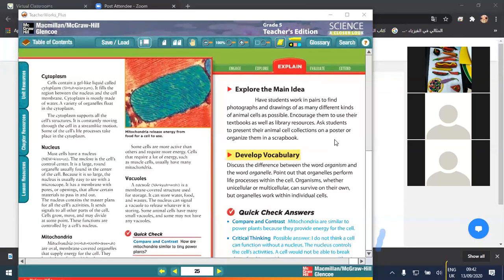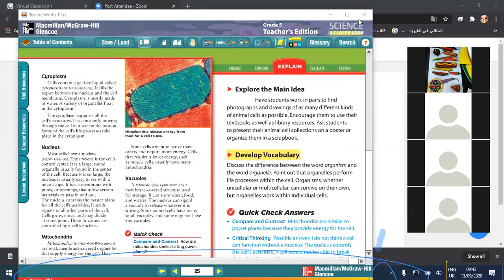I will repeat the question. Where are an animal cell's organelles found? I will give you choices: vacuoles, cytoplasm, cell, tissue. Cytoplasm, excellent. Yes, cytoplasm.